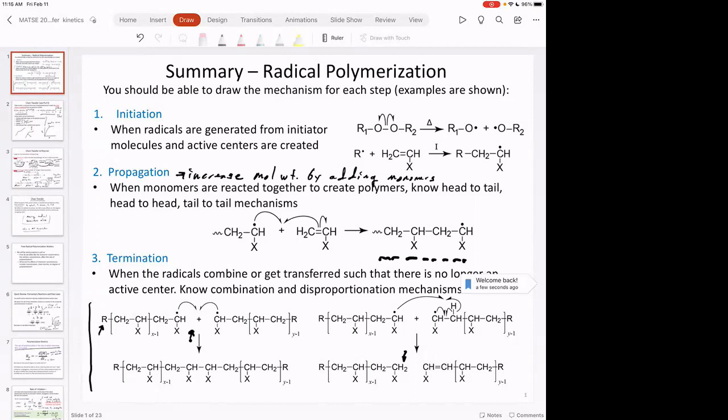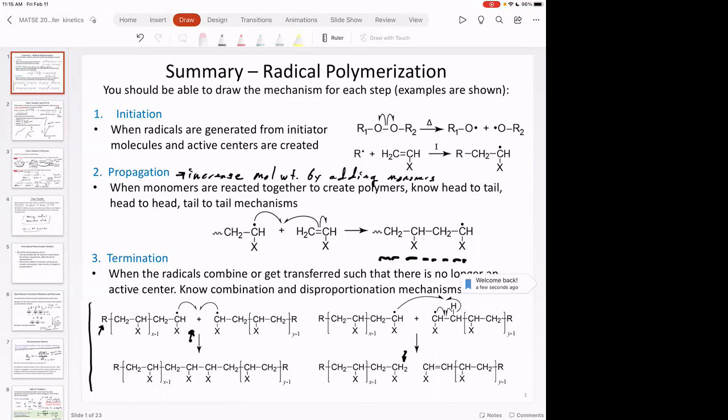It would be too elementary if I just told you the concentration of initiator is this, X bar N is this, and then plug and chug. This is not a plug and chug class. This is read the problem, understand the concept, find the governing equations or governing information, and then synthesize that to get closer to the answer.